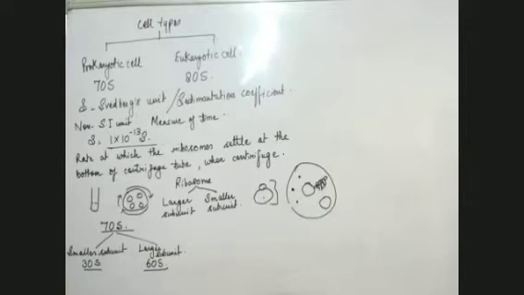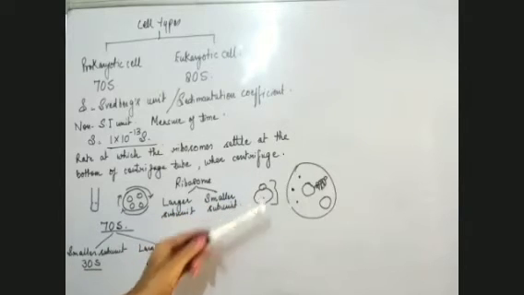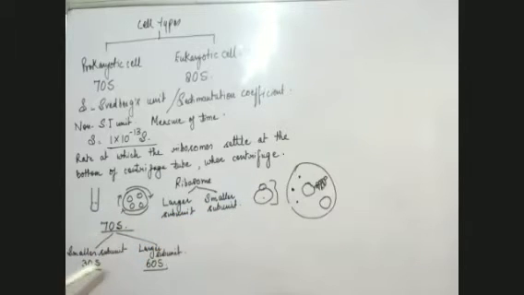Now, this is something to be considered, that together the ribosome is 70S, but the ribosome consists of a smaller subunit and a larger subunit. In the 70S ribosome, the smaller subunit is 30S, and the larger subunit is 50S. What do we mean by this?